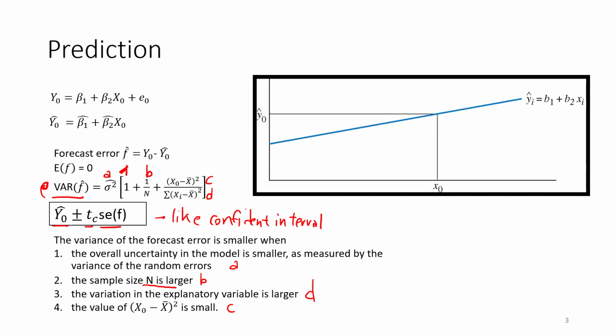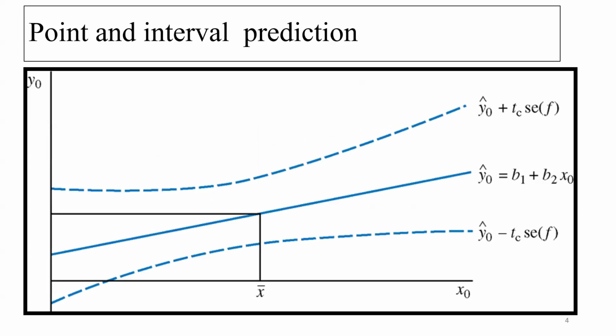So let's see what will happen when you do the interval prediction in the next slide. Okay, so this is the average, x bar. The interval prediction will have smaller variance when x is close to the average.